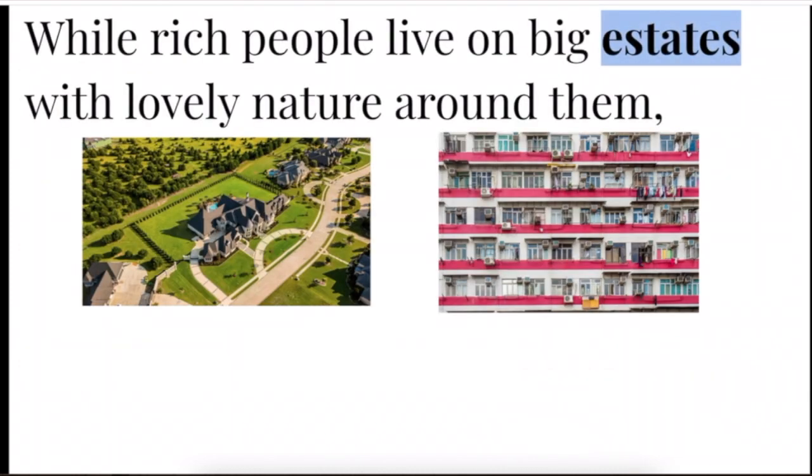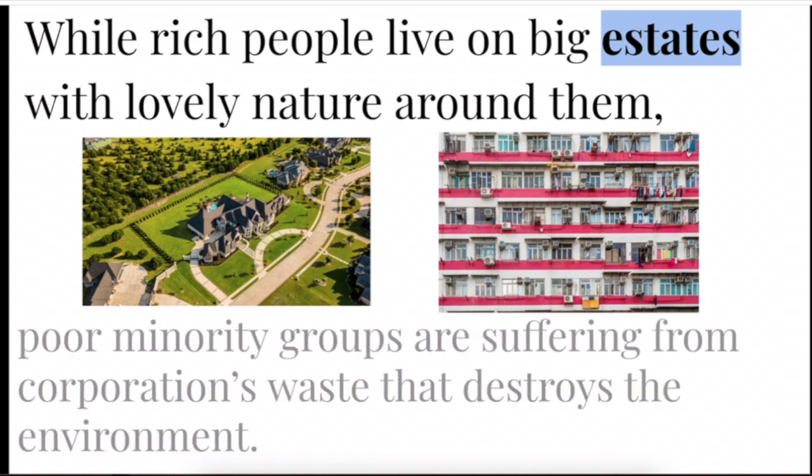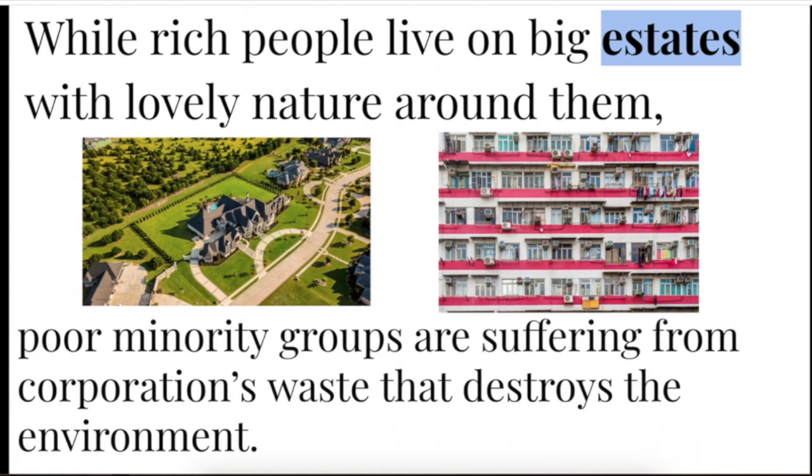While rich people live on big estates with lovely nature around them, as we can see in the picture on the left, poor minority groups are suffering from corporations' waste that destroys the environment. So minority groups are more likely to live near big factories or corporations that have waste that gets into the water and into the air.